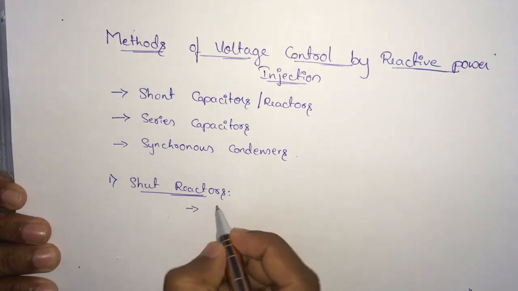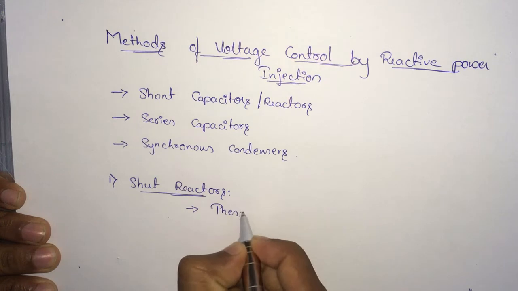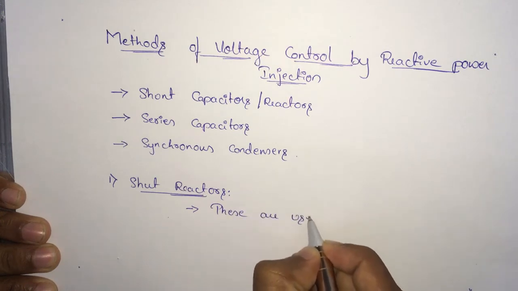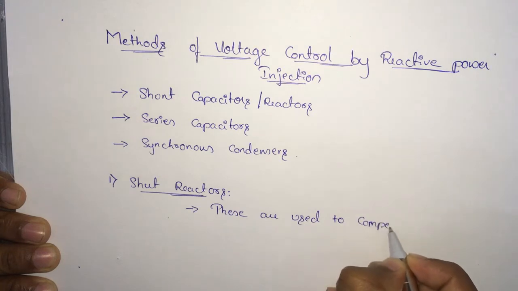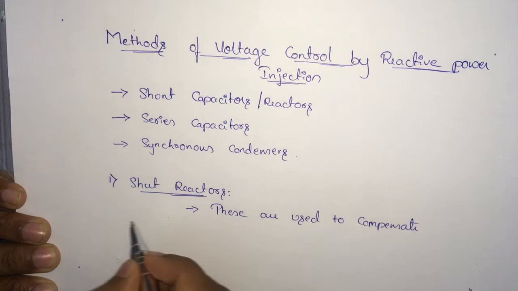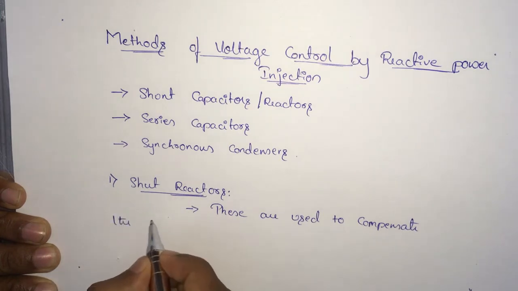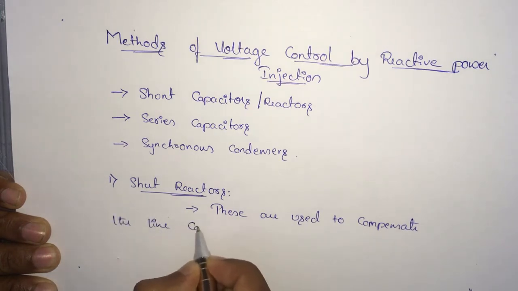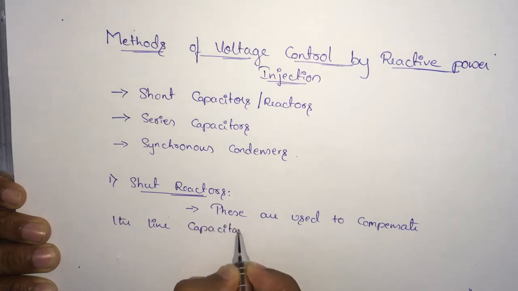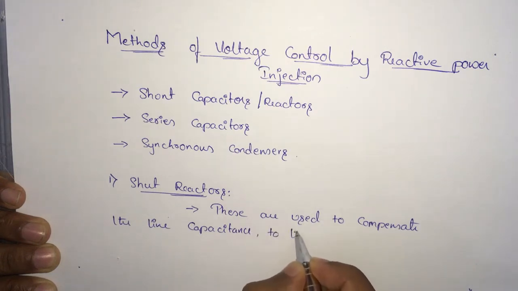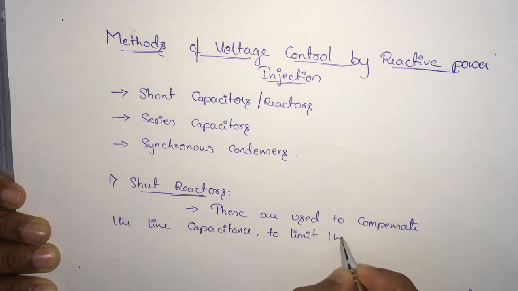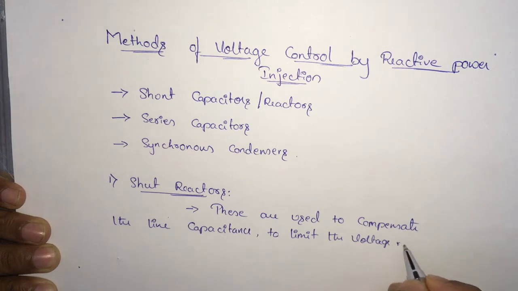Firstly, these are used to compensate the line capacitance, to limit the voltage rise.